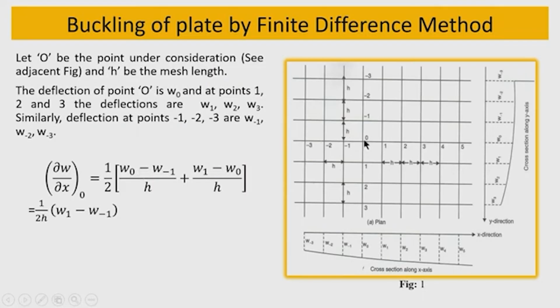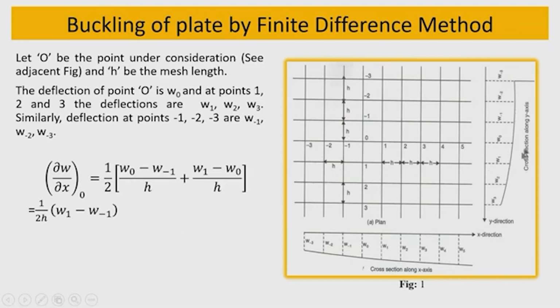Similarly, the derivative in the y direction can be written. If I take the y direction, then here you can see 0, 1, minus 1 are the nodes, and similarly it can be written that del W by del y at node O is W 1 minus W minus 1 by 2h, but this will be in the y direction.